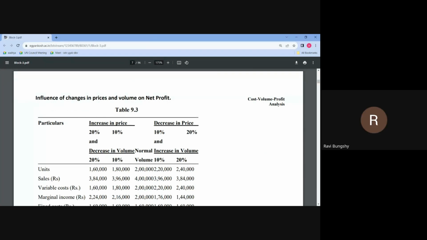One question. The variable cost is same as the capital investment. Yes, please. The variable cost is same as the capital investment from the question. Capital investment means what you're talking about? In the question, there is a capital investment of 2 lakh. It is not capital investment of 2 lakh. It is 2 lakh is your units sold.